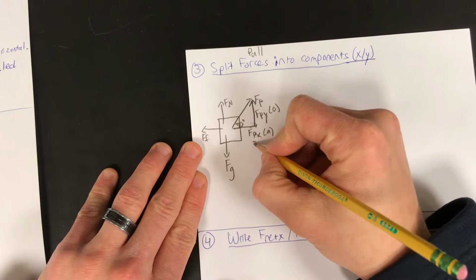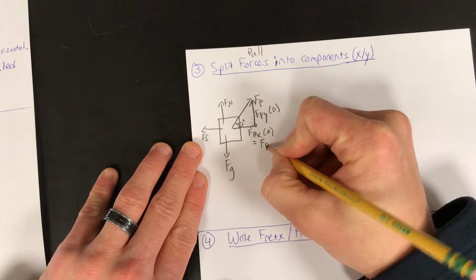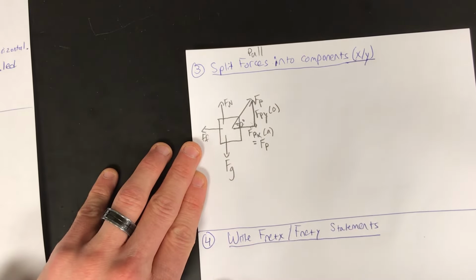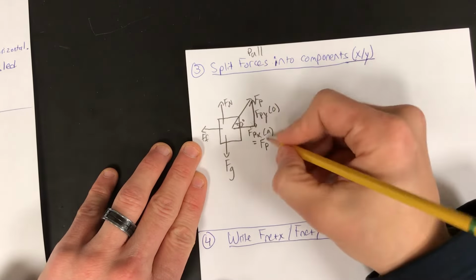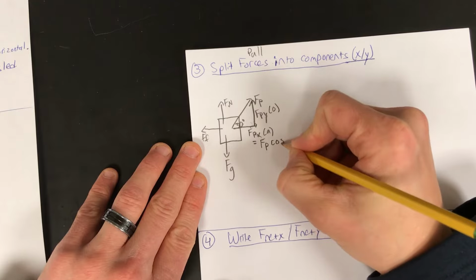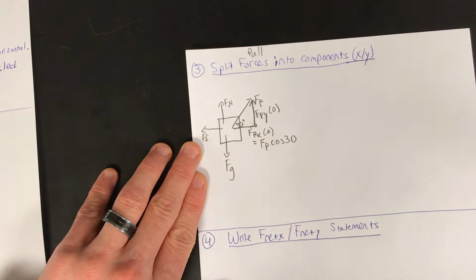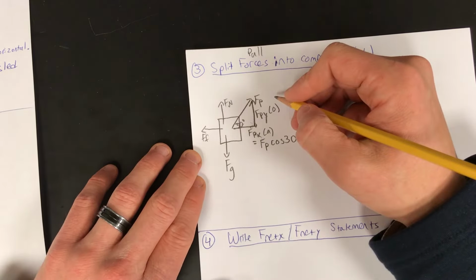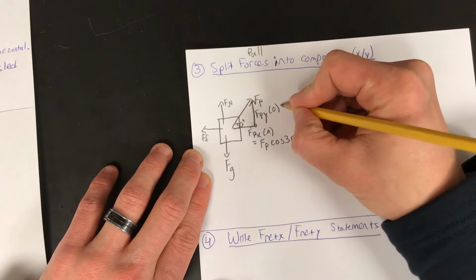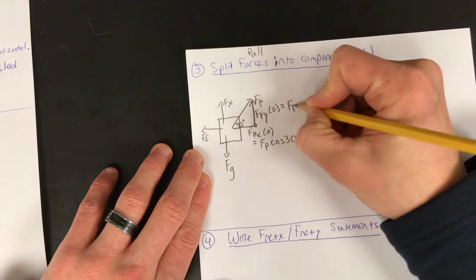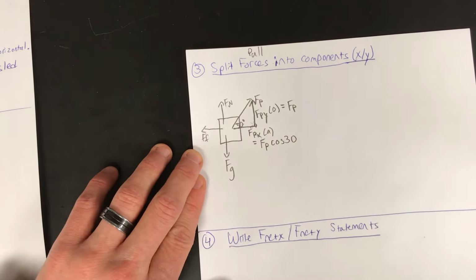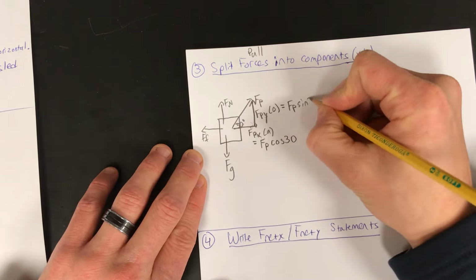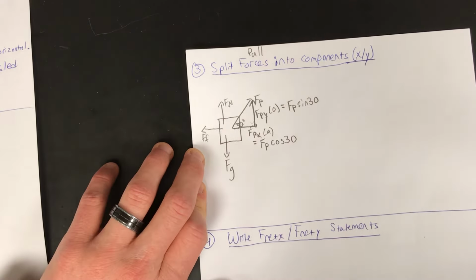All right, so Fpx is going to be equal to the pull multiplied by the cosine of 30, because it's adjacent. And Fpy is going to be equal to our Fp multiplied by the sine of 30, because it's opposite.